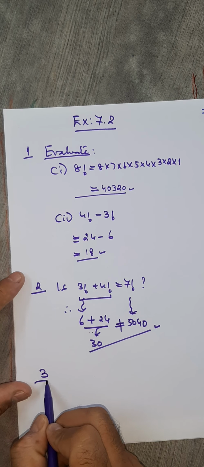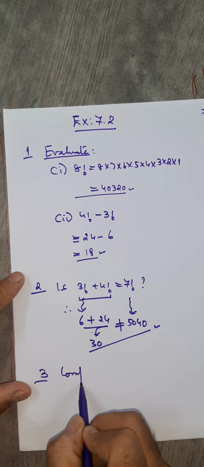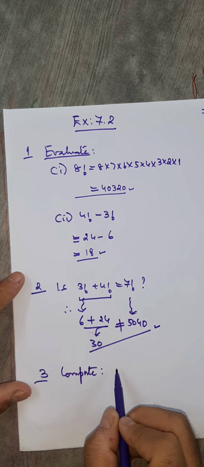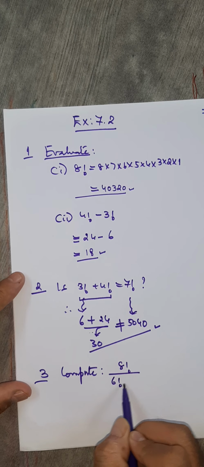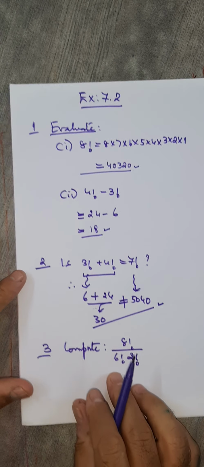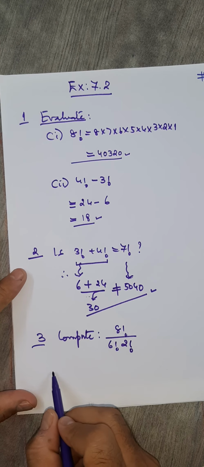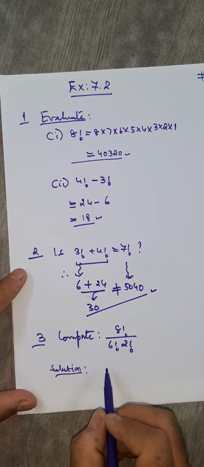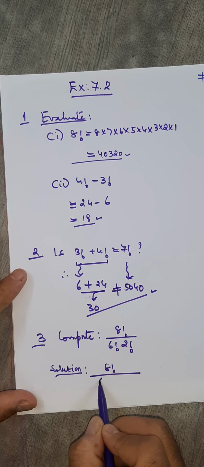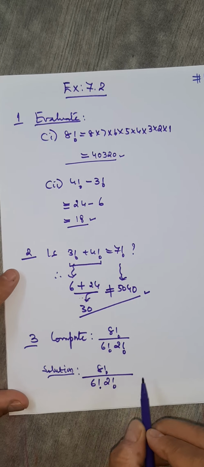Third question, compute this expression. Compute 8 factorial upon 6 factorial into 2 factorial. So how will we do this? As I told you in the solution, write the 8 factorial in terms of 6 factorial. No need to put in the individual values here.